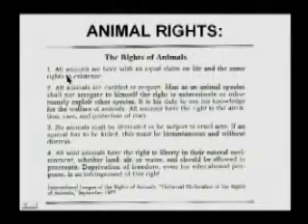All animals are born with an equal claim on life and the same rights to existence. All animals are entitled to respect. Man as an animal species shall not arrogate to himself the right to exterminate or inhumanely exploit other species. It is his duty to use his knowledge for the welfare of animals.